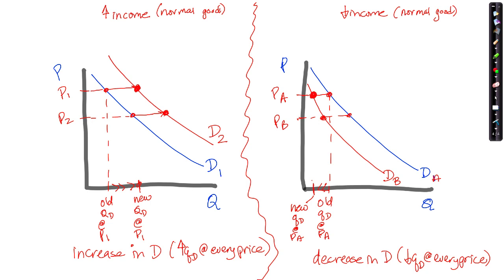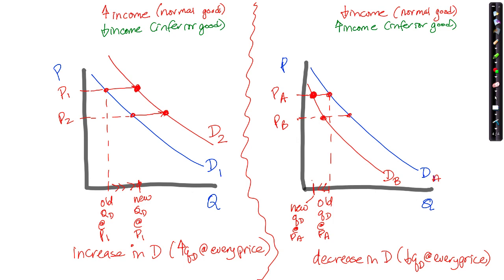If it's an inferior good, one of those things like spaghetti sauce where you buy more of it when your income goes down, then an increase in income for an inferior good will decrease demand. So when income went up, people switched away from spaghetti sauce and back to restaurant meals. And a decrease in income for an inferior good will cause an increase in demand. So the picture on the left works for income going up if it's a normal good, but income going down if it's an inferior good.